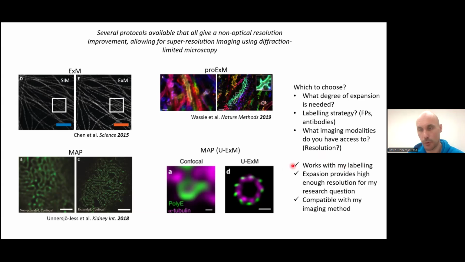Yeah. So you want to find a protocol that works with your labeling. So sorry, would you use then a water objective? So this depends a little bit. It works, of course, to image these samples with an oil objective if you're close to the cover slip. But you are then, of course, never close to the cover slip since you're expanding them.